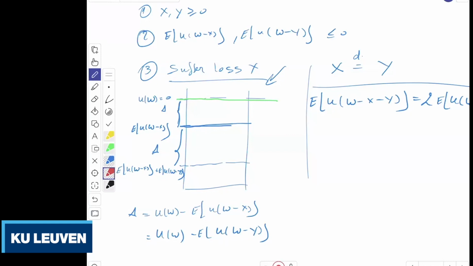So then I end up somewhere, say here, where that line is equal, sorry.